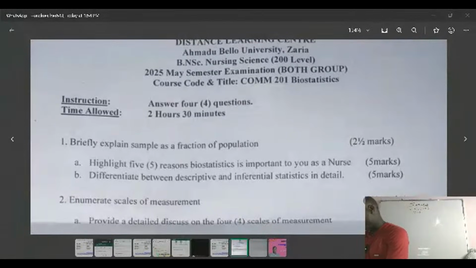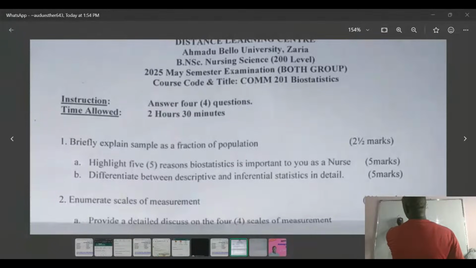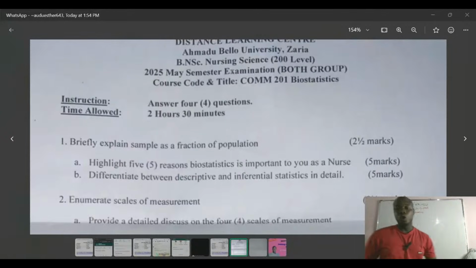I actually want you to understand something in statistics. The first question is asking about sampling or sample. Let me start with sample. After defining the sample, we are going to look at the rest.